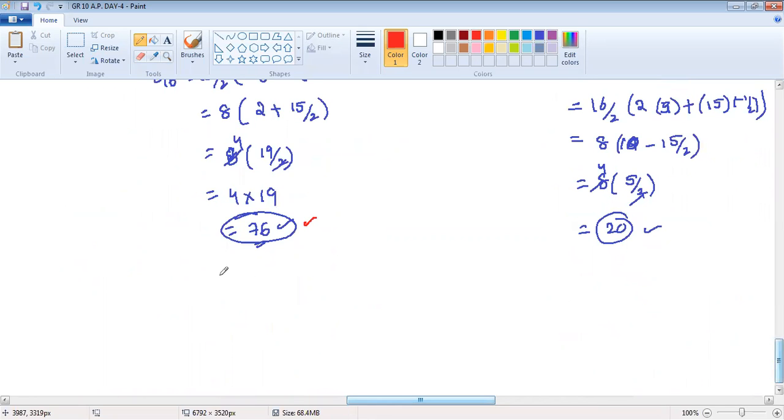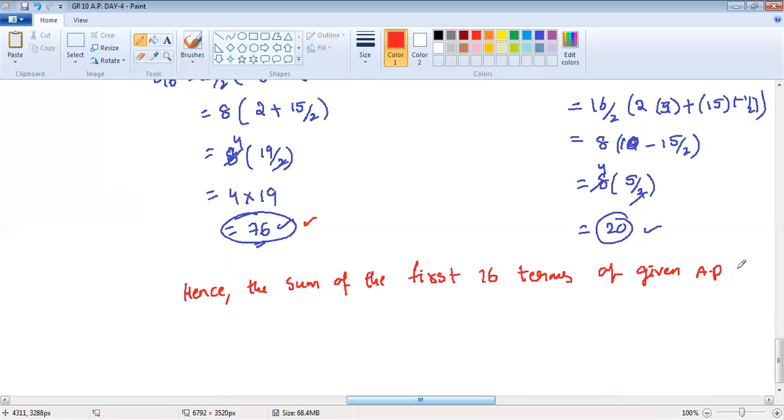And at last also, hence the sum of the first 16 terms of the given AP is either, not both, either 76 or 20.